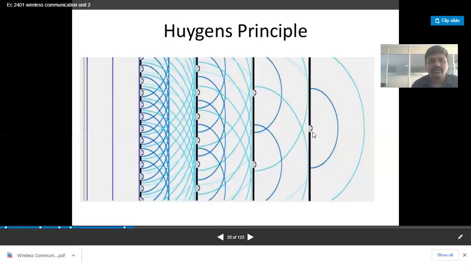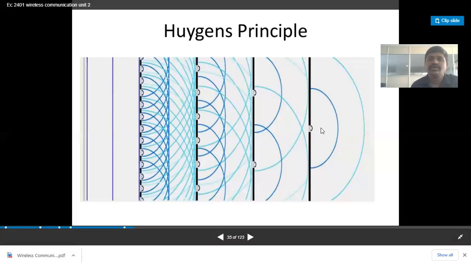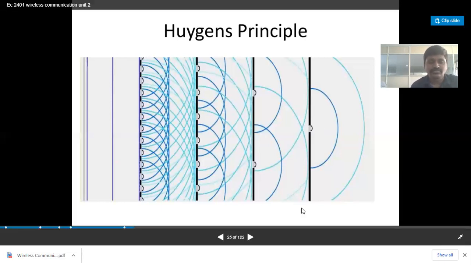From the Huygens principle, this states that all the points on a wavefront can be considered as point sources. They produce secondary wavelets, and these wavelets will combine and produce a new waveform in the direction of propagation.